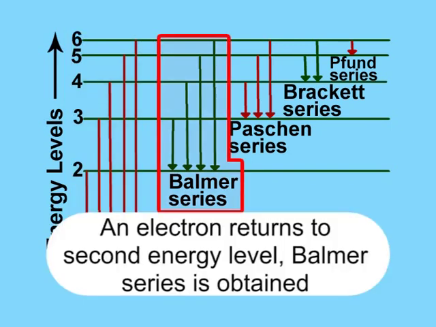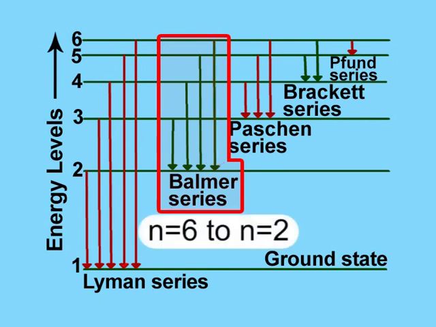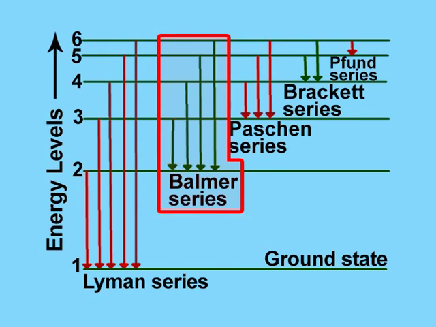When an electron returns to the second energy level, Balmer series is obtained. In Balmer series, jumping of an electron from n equals 6 to n equals 2, n equals 5 to n equals 2, n equals 4 to n equals 2, n equals 3 to n equals 2 is shown here.